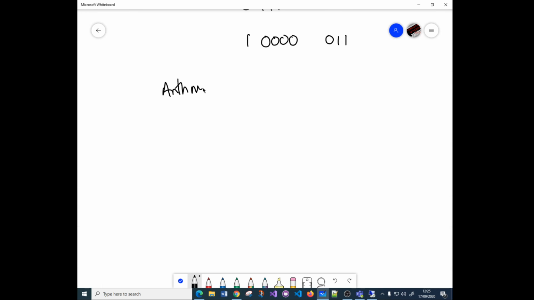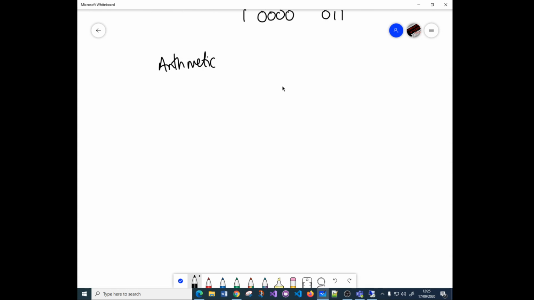Everything else that we did for integers is the same. If you've got 1.75 minus 0.25, you can actually rewrite that as 1.75 plus minus 0.25. It's exactly the same process. So if you can do integer addition and subtraction, you can do floating point.